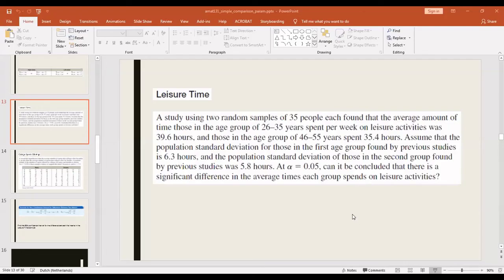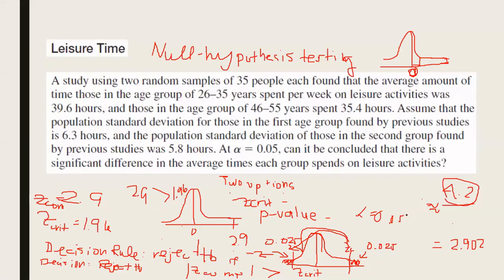Right? So yan siya galing yung ating kino-compute kanina, yung p-value natin. If the p-value is less than alpha, we have to reject H0, and our p-value was 0.0018.